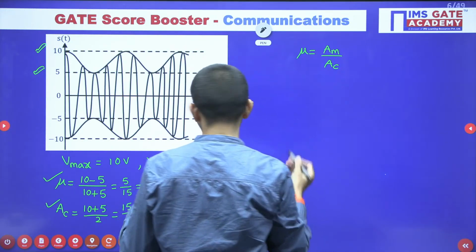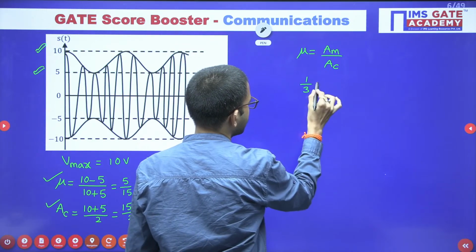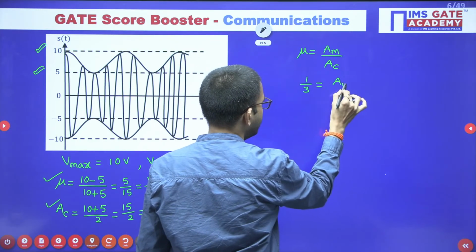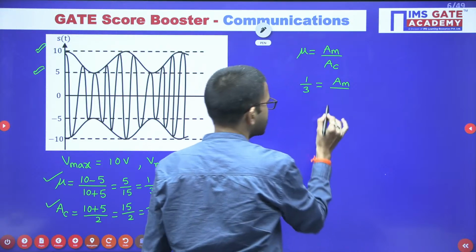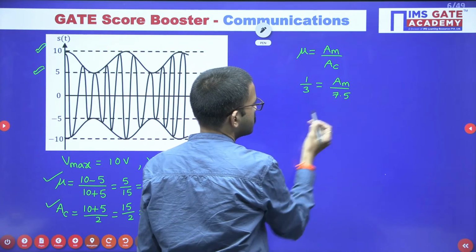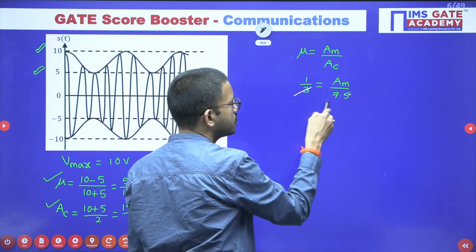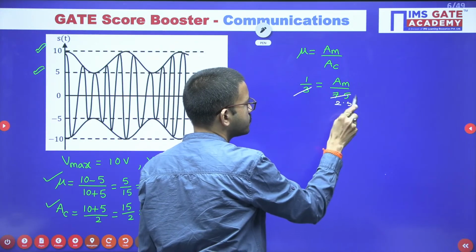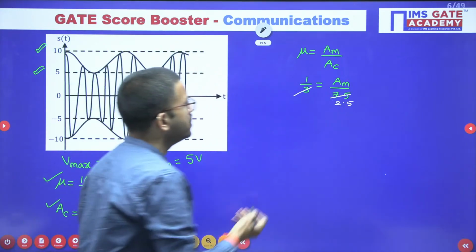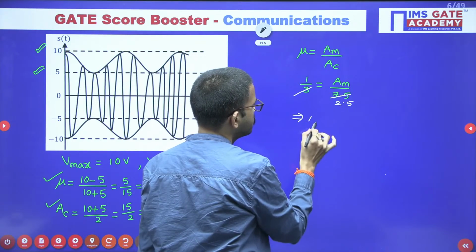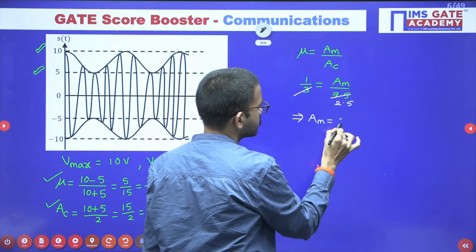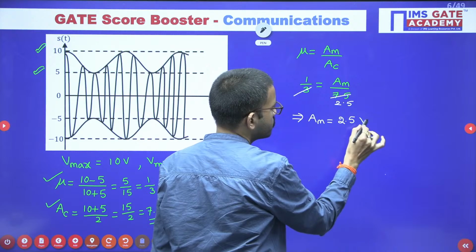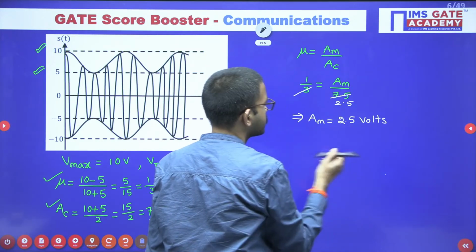So here modulation index is 1 by 3. AM we have to calculate. AC value we got 7.5. So here 3, 2.5 times. So from here we can write AM equal to 2.5 volts.